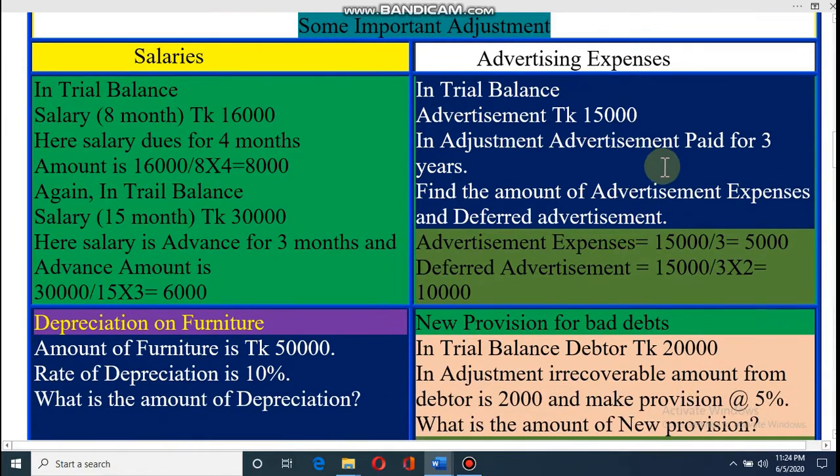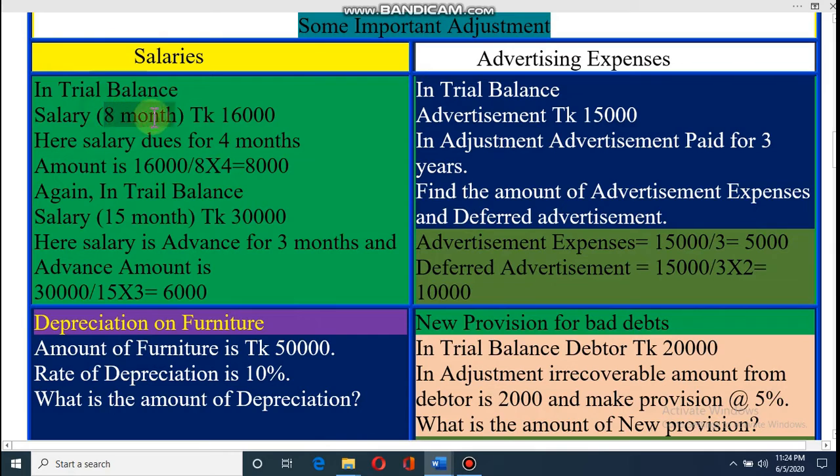Dear student, look at the first problem, which is salaries. Let's come to an example. In the trial balance, salary, in the bracket it is written 8 month, and the amount is 16,000 taka. What does it mean? Then what will you do? Look here, salary is due for 4 months. How can I understand?